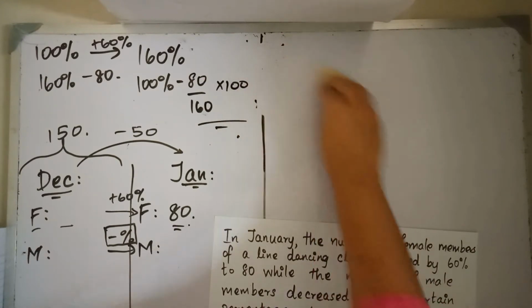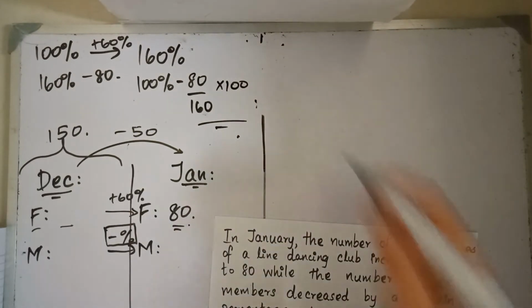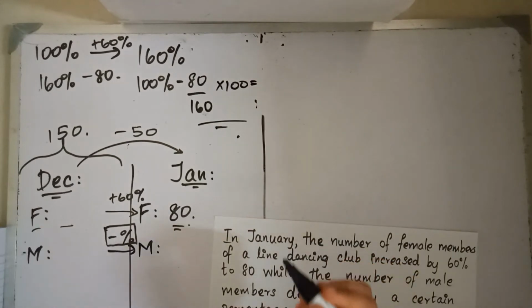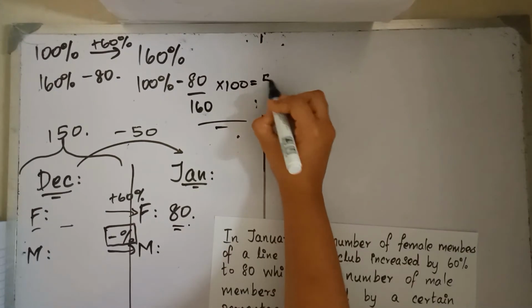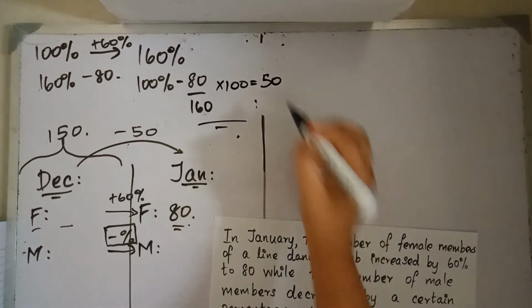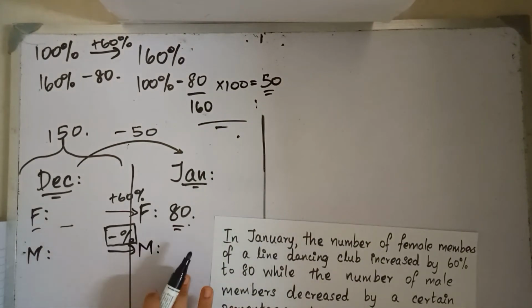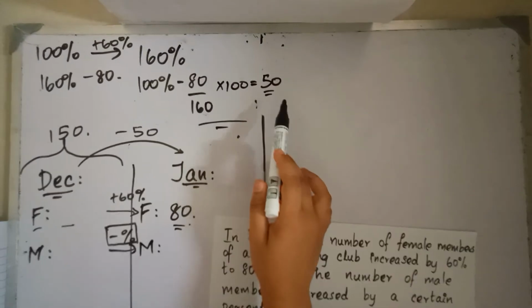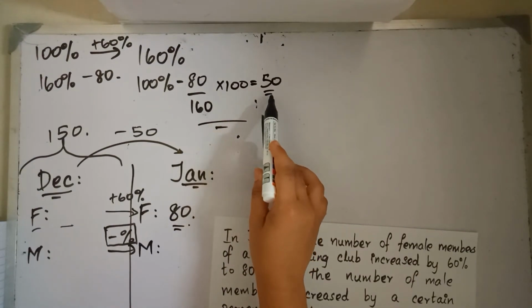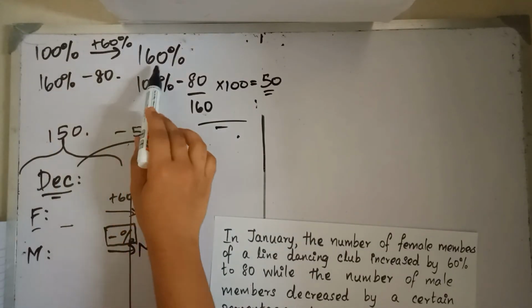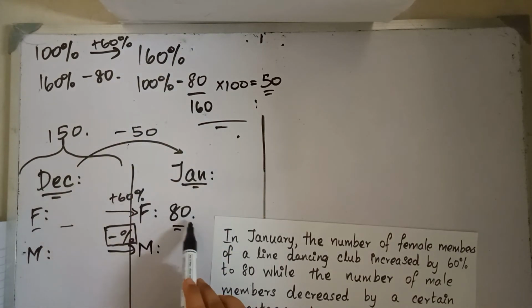Now the value of this, 80 by 160 into 100, would give 50 members. So where does this 50 go now in this table? If you increase 50 by 60%, you get 160%, which is 80.